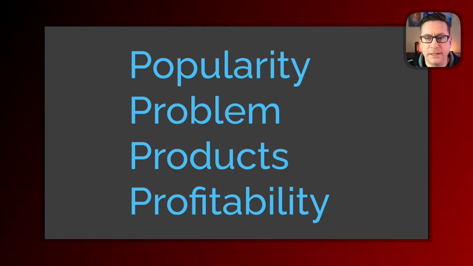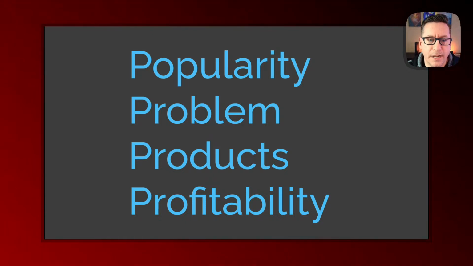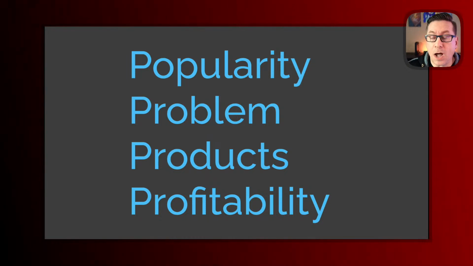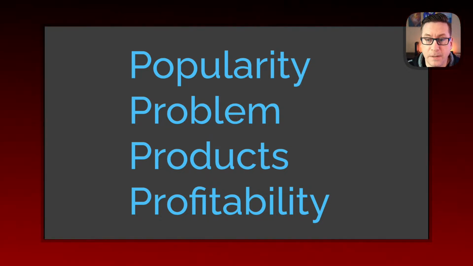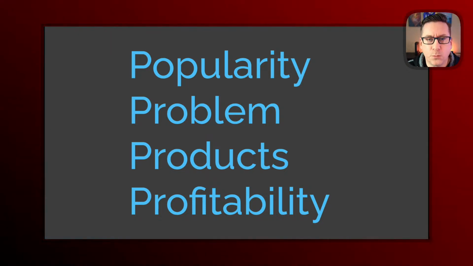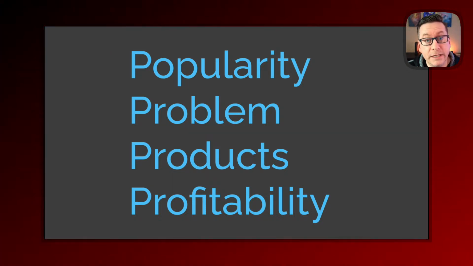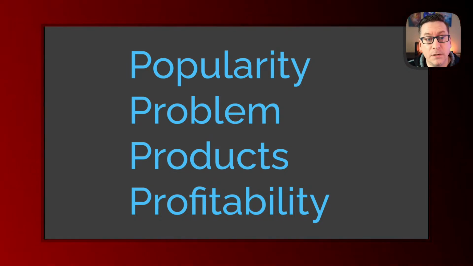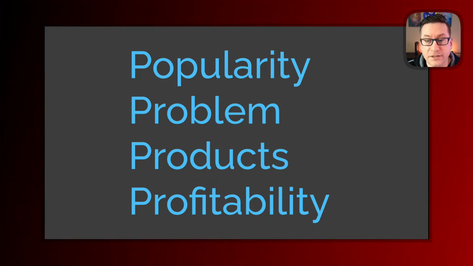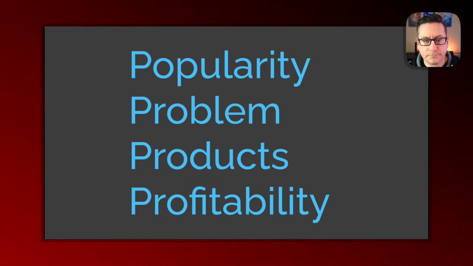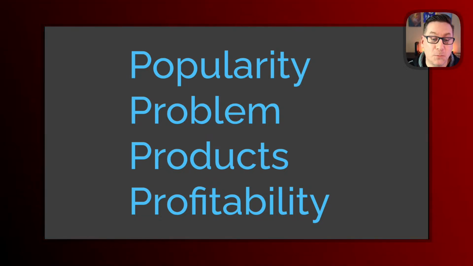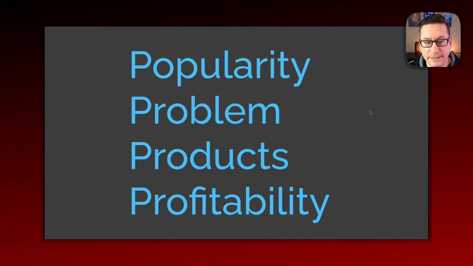That doesn't necessarily mean that's going to be a profitable keyword, but it might be solving a problem, and it might solve a popular question. And the popularity part is where we do the keyword research. It's where we learn if something is popular by looking at numbers using the tools that we have inside of WA, primarily Jaaxi. Just a reminder, popularity, problem, products, and profitability.